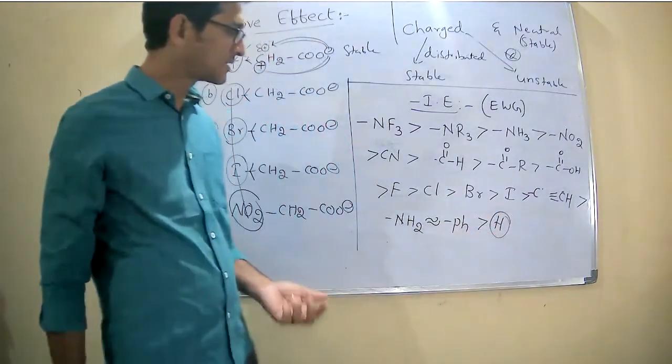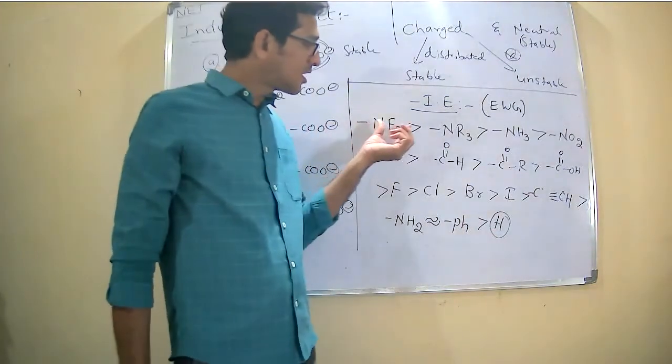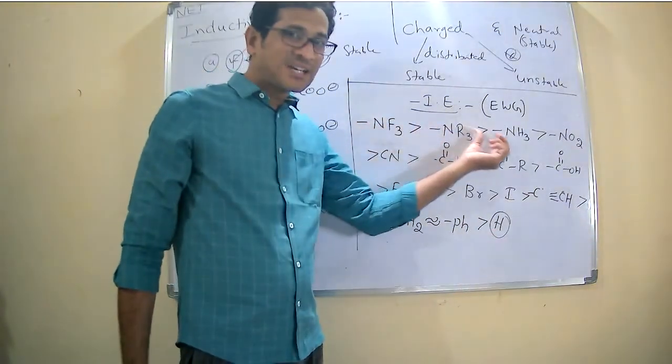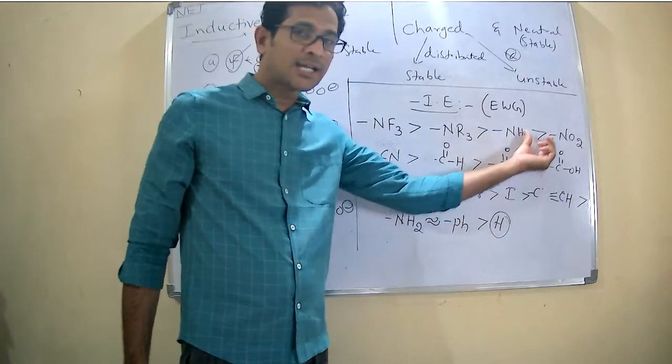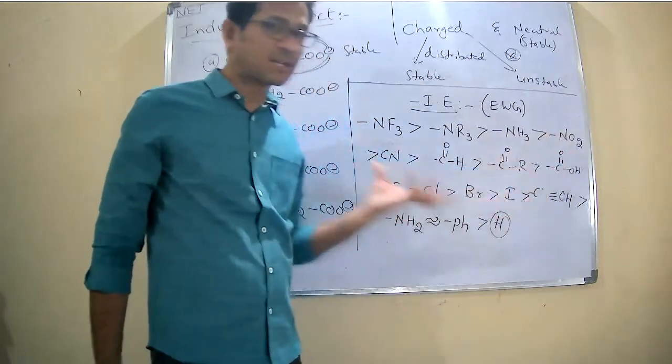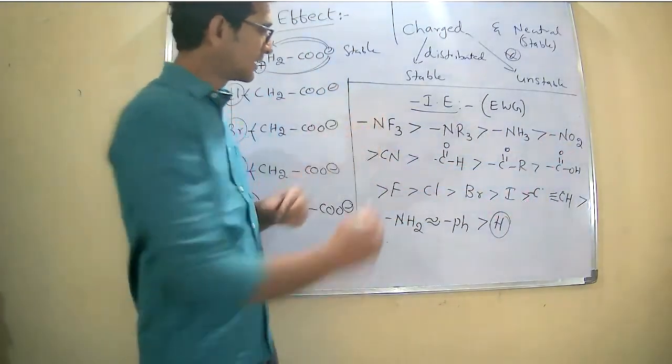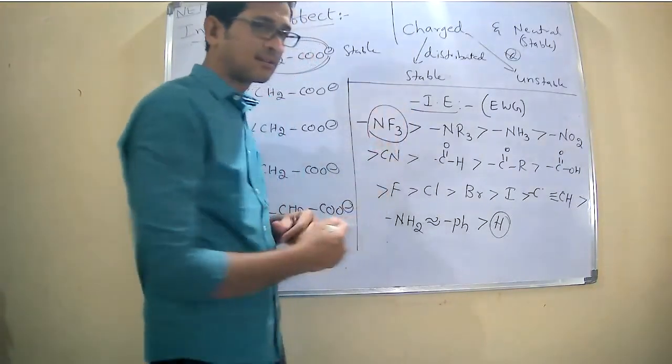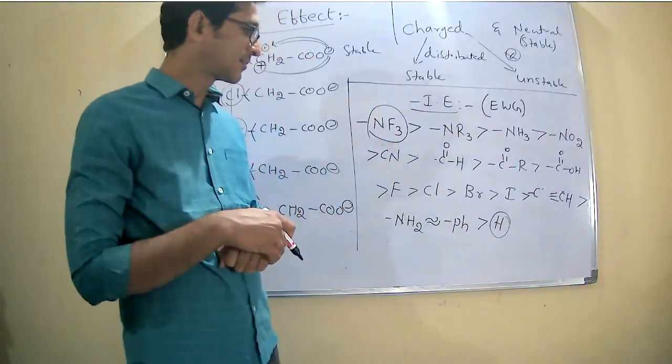This is considered as the reference. This is the decreasing order of the electron withdrawing power of different functional groups, right? The first is having the greater electron withdrawing character.